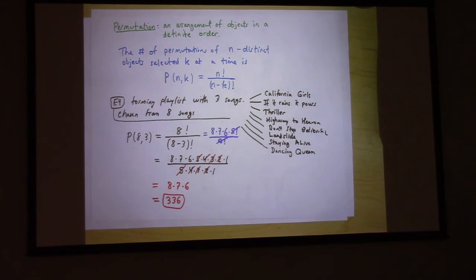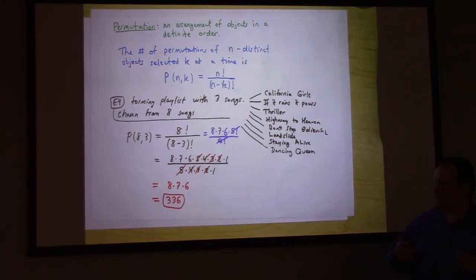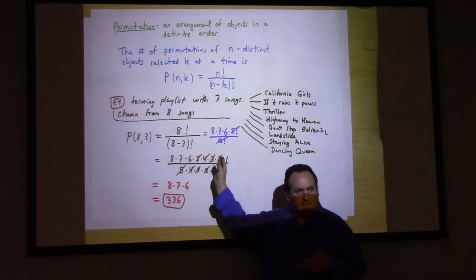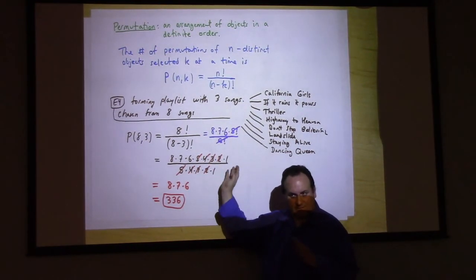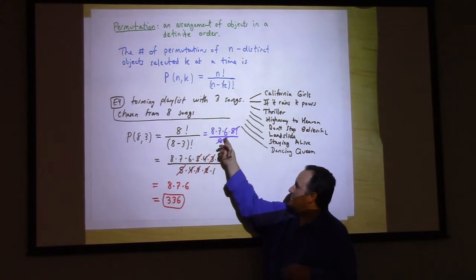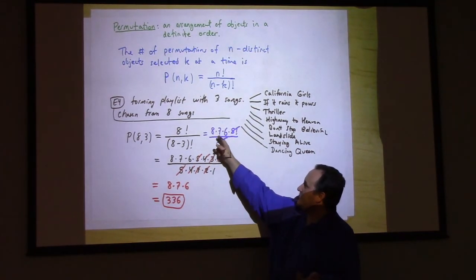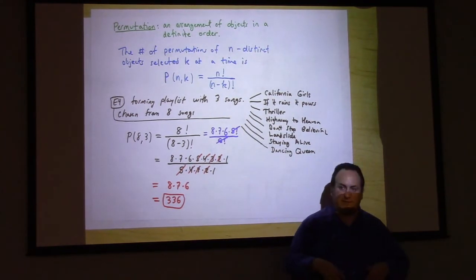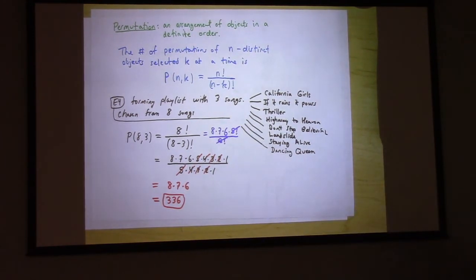I just think for students who are starting and don't want to be too mathematically sophisticated, writing the numbers out like this doesn't take a lot of work, and it's hard to get it wrong. But you can look at it as 8 times 7 times 6 times 5 factorial, and then the 5 factorials cancel. There are other ways to process that calculation.